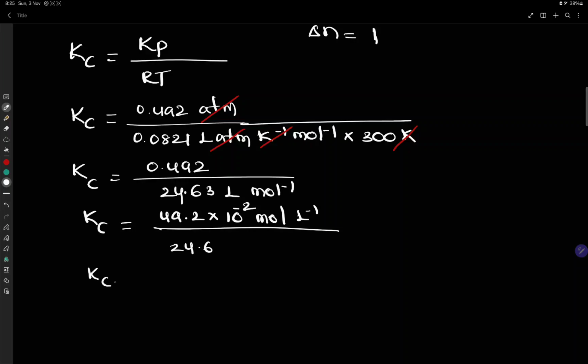Then Kc is almost 2 into 10 power minus 2 mole per liter.